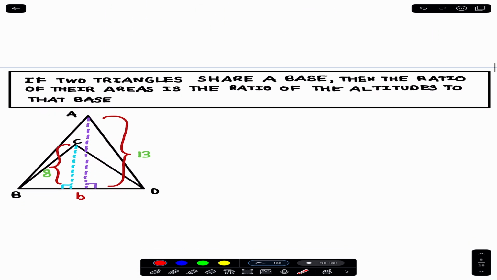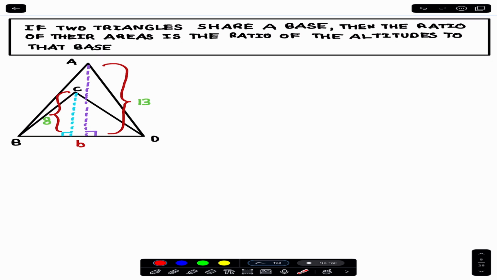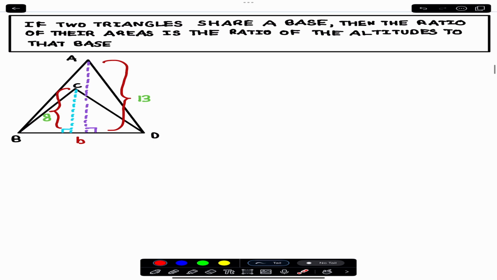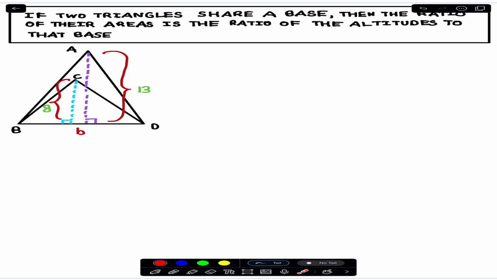So besides triangles sharing altitudes, triangles can also share a base as well. So this is just another case. It's very similar to the first result that we just found. And it says if two triangles share a base, then the ratio of their areas is the ratio of the altitudes to that base. So over here, that's a mouthful, but let's break it down.